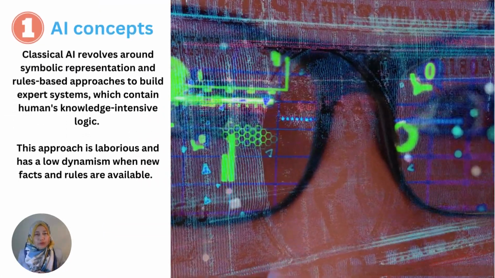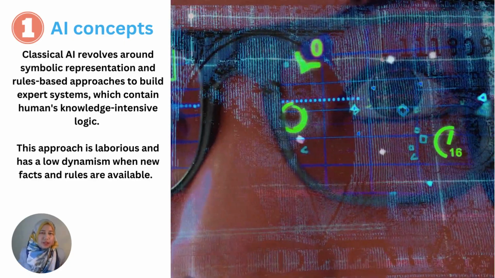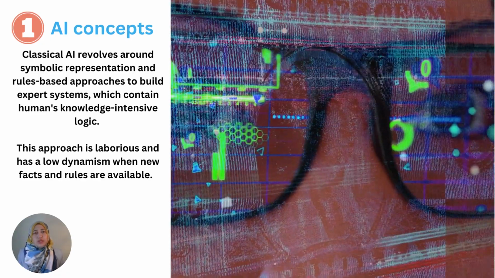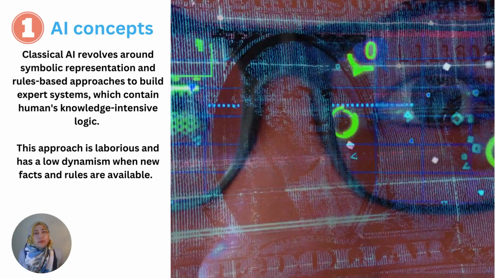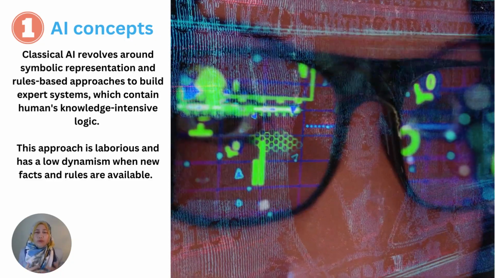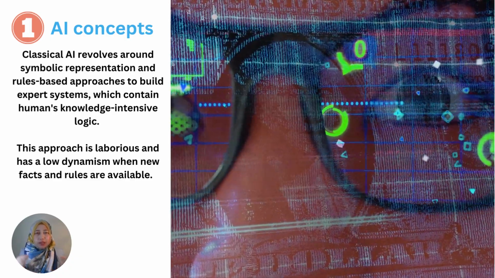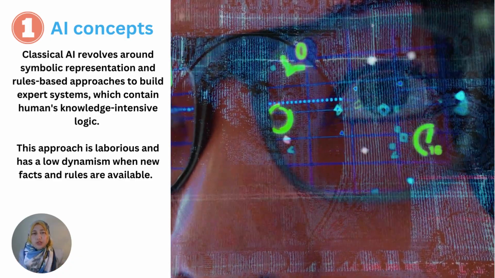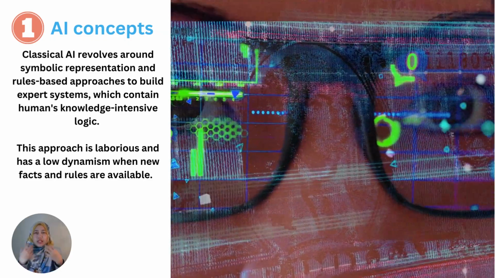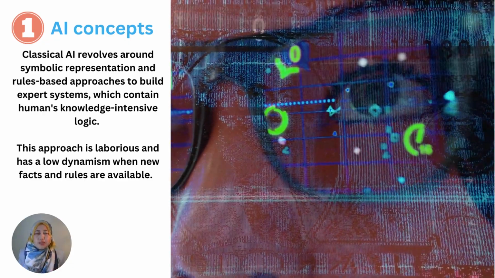Let us now look further into how AI is really able to get its intelligence. We will start with the classical AI approaches, which are based on symbolic representation and a rules-based approach. For example, if you are familiar with expert systems, something that tells you about a certain decision or gives some recommendation based on many facts and rules expressed by the expert, that is named an expert system.